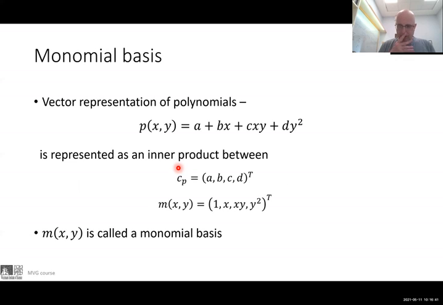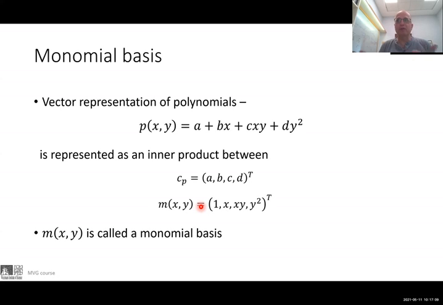Okay, so how do we proceed? Given a polynomial, we can write it as an inner product between a vector of coefficients and a vector of monomials. That's clear, right? A, B, C, D in this case is the vector of coefficients. 1, x, xy, y squared is the vector of monomials.